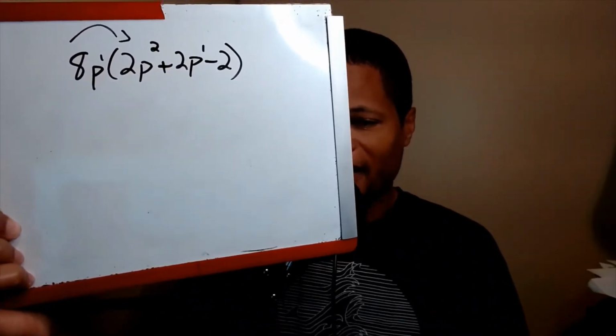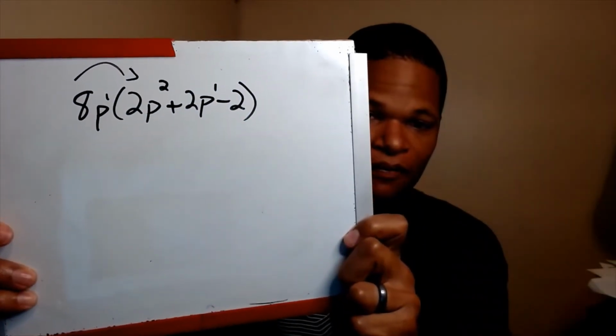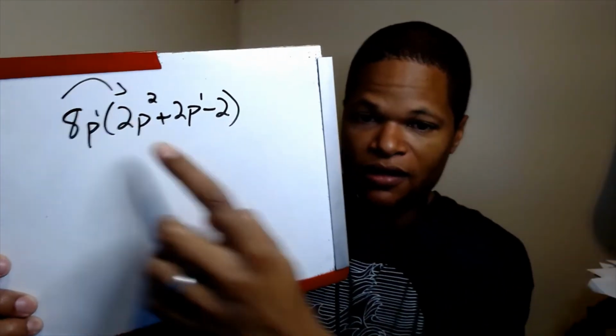Why do I say that? The reason is, now listen to me here, when you multiply polynomials, when you multiply terms, you have to add the powers. That's a little trick, okay? So what do I mean by that? So you see 8p times 2p to the second. Well, the coefficients multiply like they normally would. 8 times 2 is 16, of course.